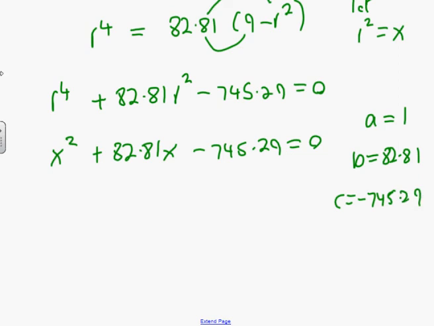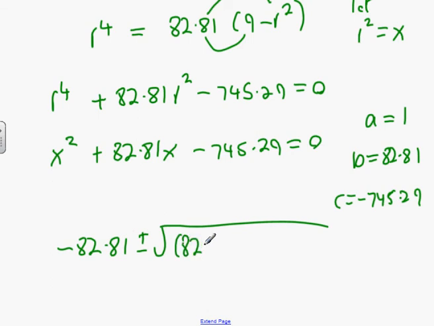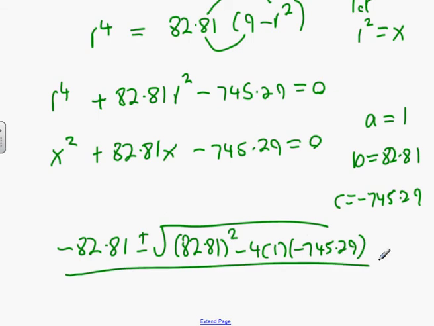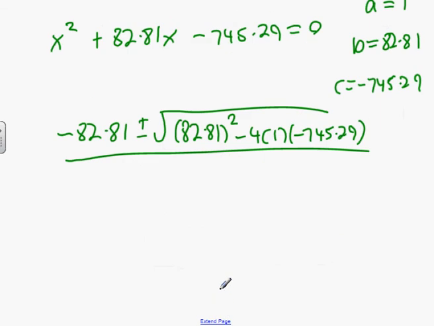So we're going to have to put this into an absolutely gargantuan minus b formula. So 82.81 squared minus 4 times 1 times minus 745.29, all over 2.